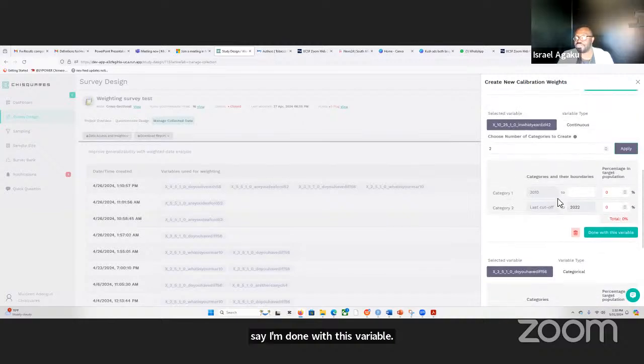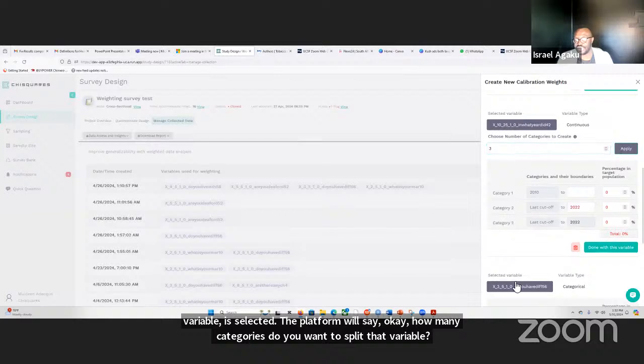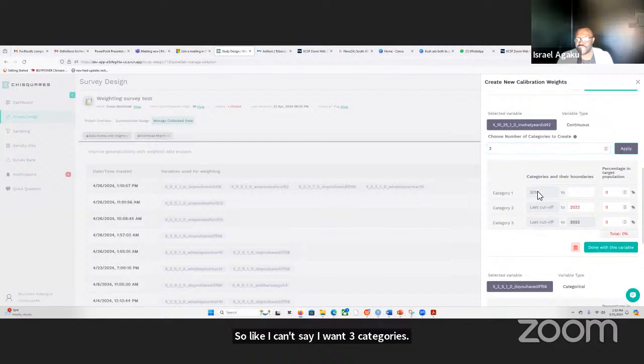If it's a continuous variable, you can only weight on categorical variables. So if it's a continuous variable you selected, the platform will say, okay, how many categories do you want to split that variable into? So I can say, I want 3 categories, right? And then it's going to say, okay, from 2010 to where do you want to define the end of the first category?